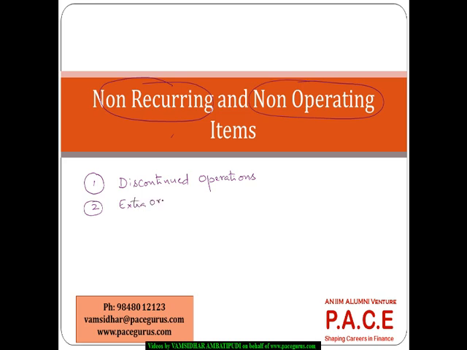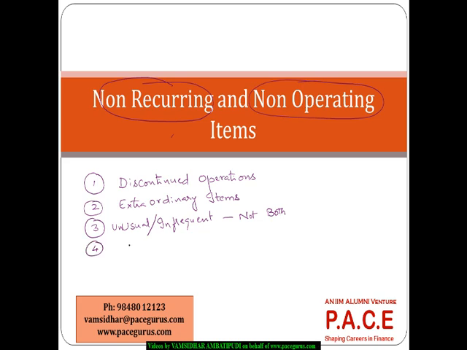What do we mean by extraordinary items, and how are they handled in the income statement? Then we would also see a category called unusual or infrequent, but not both kind of items. How do I represent them in the income statement?